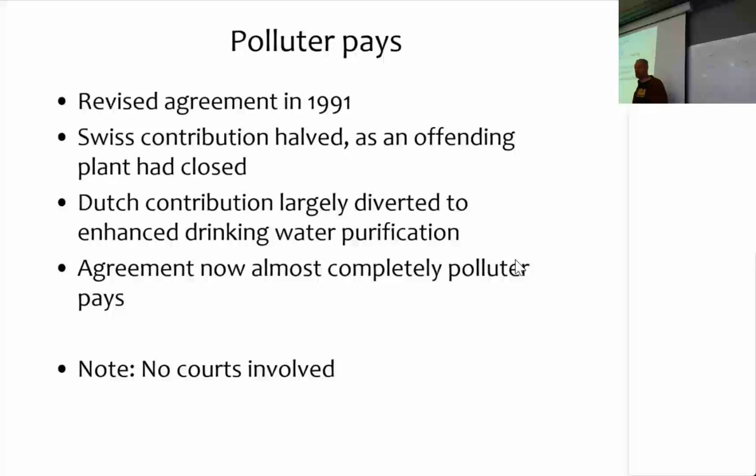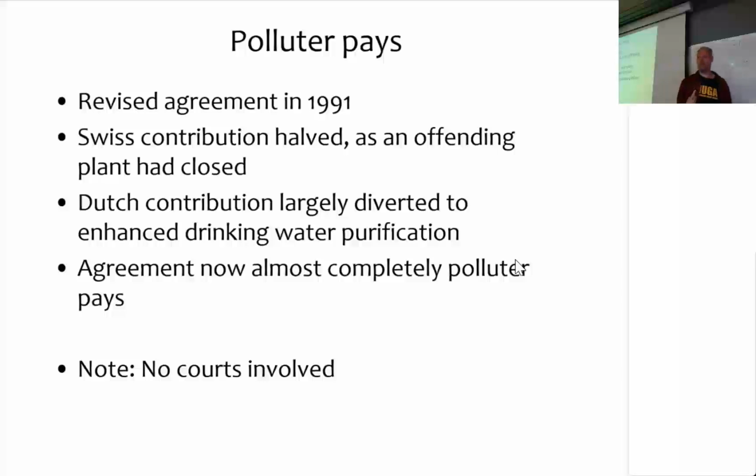So this is bargaining between four parties, not between two parties, as Coase assumed. And they reached the deal, and at the end of the day, after 60 years of arguing, it's the polluters who carry the entire cost.